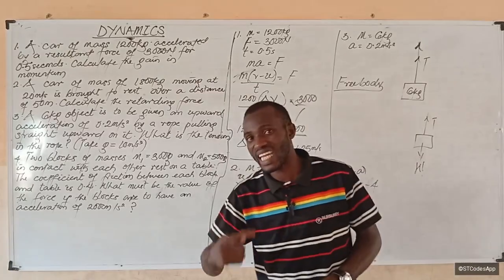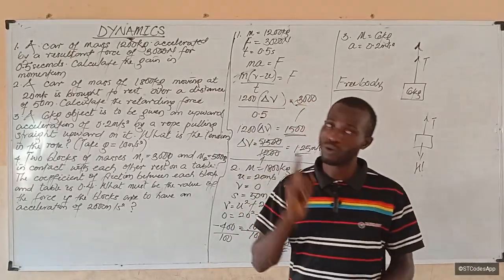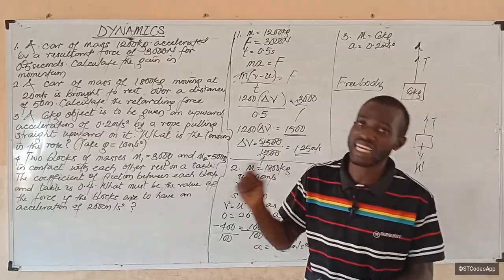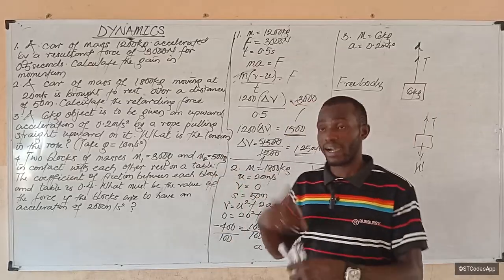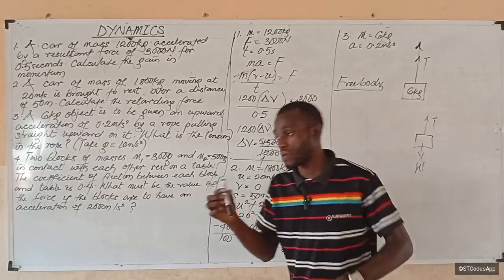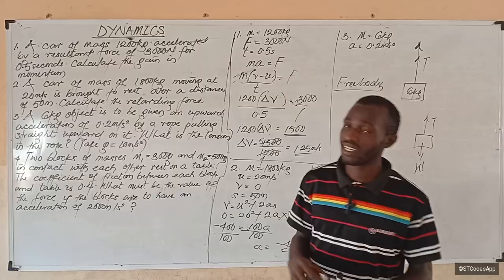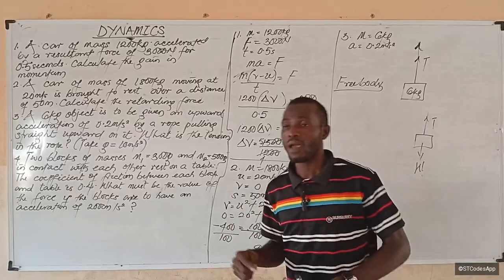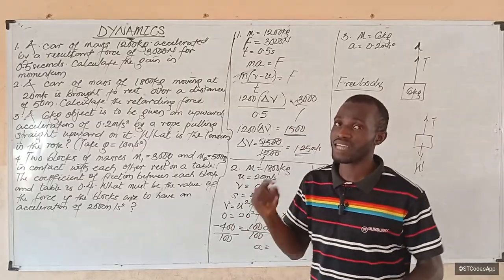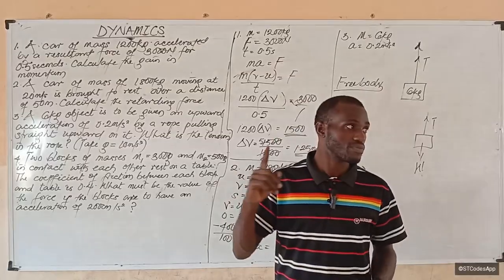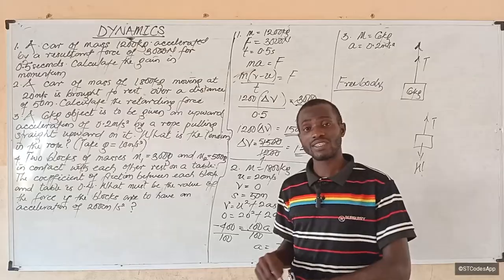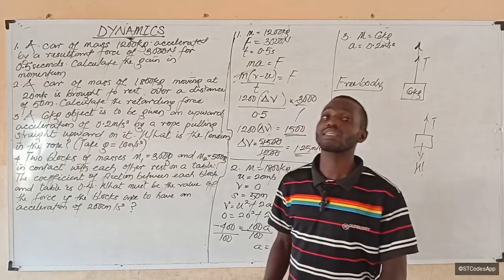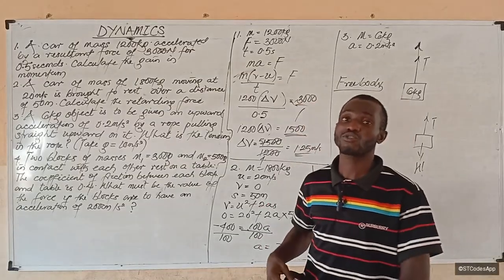So all forces that are in direction of motion should be positive. All forces that are against direction of motion should be negative. I've showed you that before. In kinematics, if you throw an object upward, it accelerates upward with negative g. But if you throw an object down, it accelerates downward with positive g, because downward is direction of acceleration due to gravity.